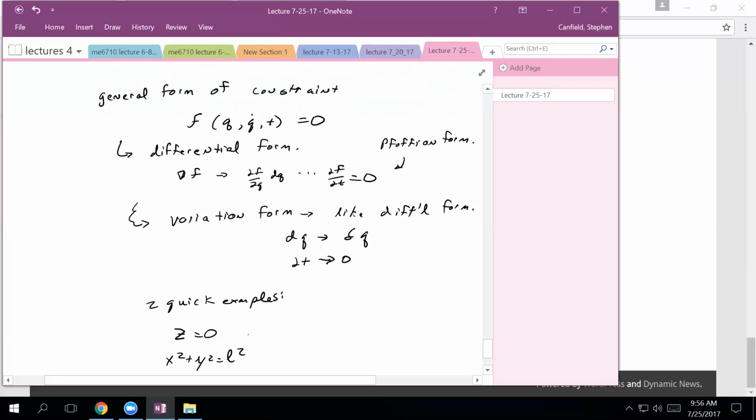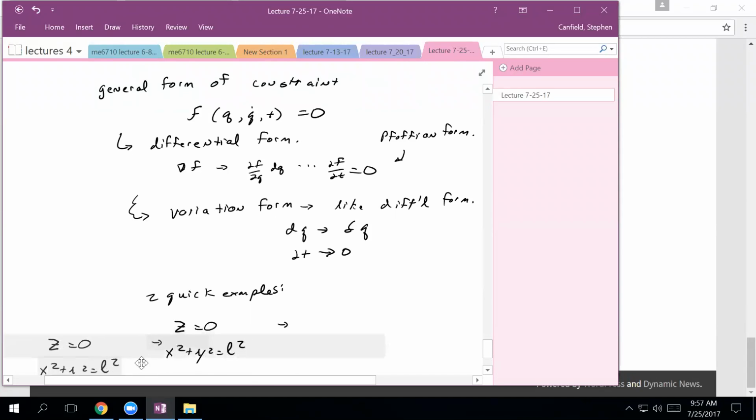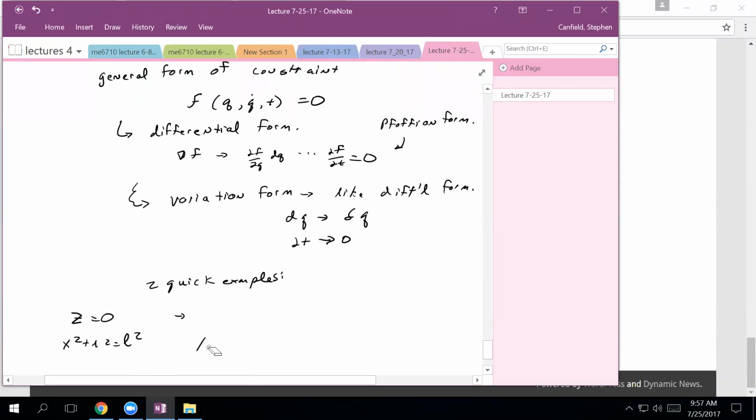So I've got that rigid bar, fixed length, and the coordinates x and y are attached to the bar, and they define the length. The differential form: I take the differential of it.